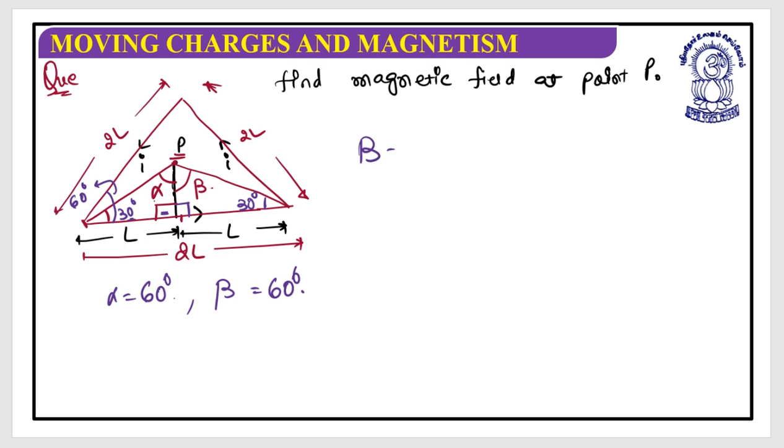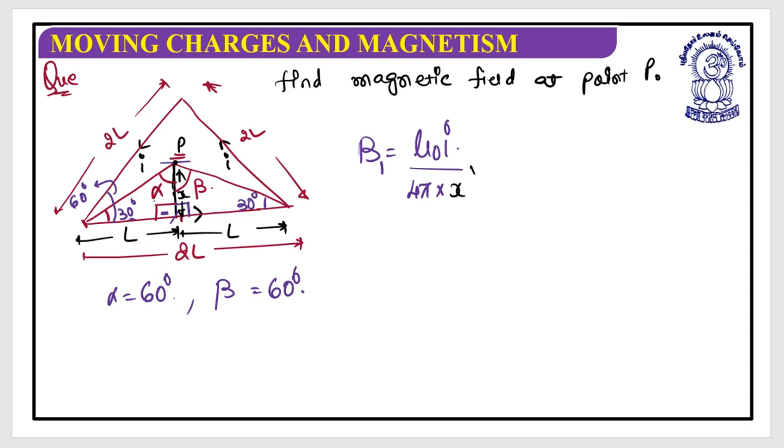So now let's work it out. Find out the magnetic field due to any one of the wires, and then we will multiply it by 3. B1 should be equal to mu naught I divided by 4 pi multiplied by this distance. Let's assume it is x distance.